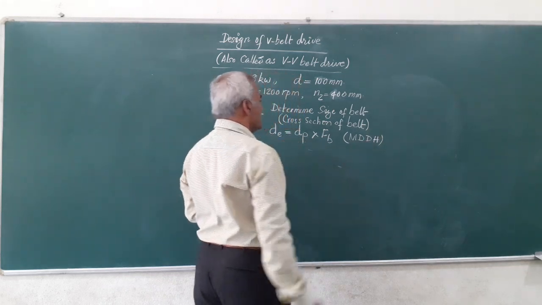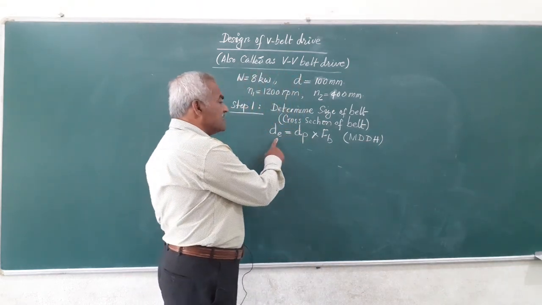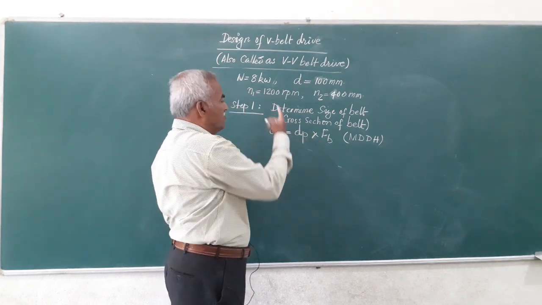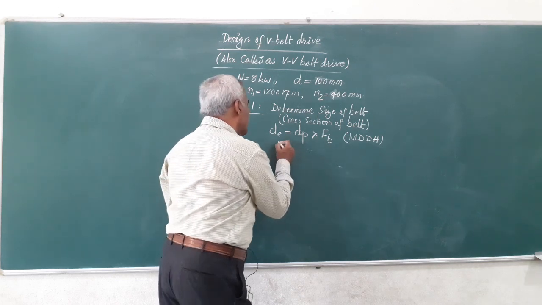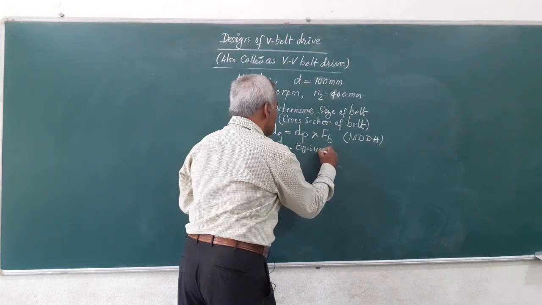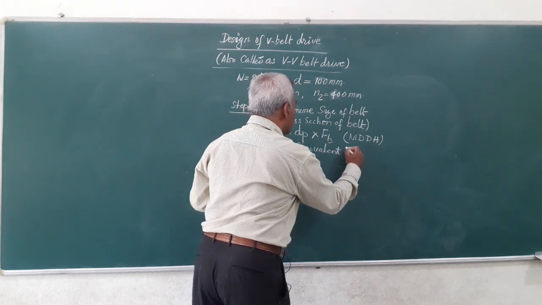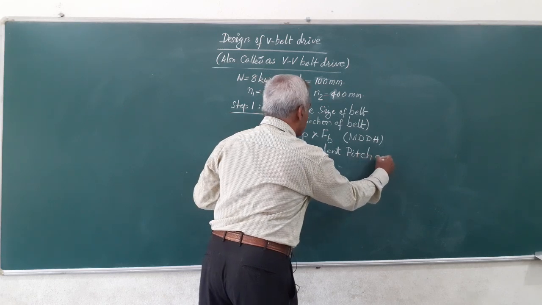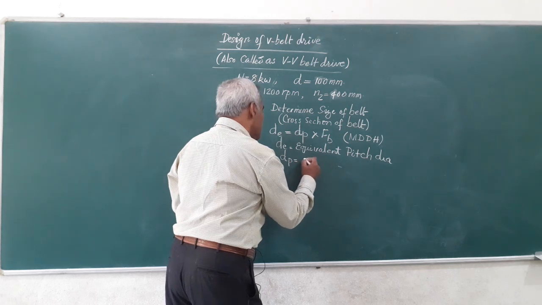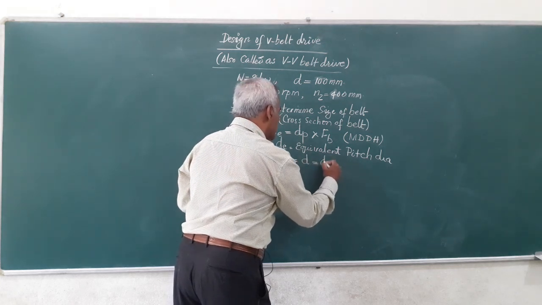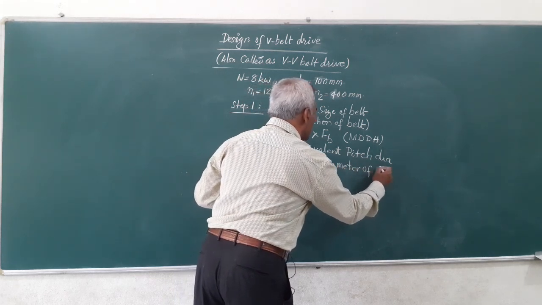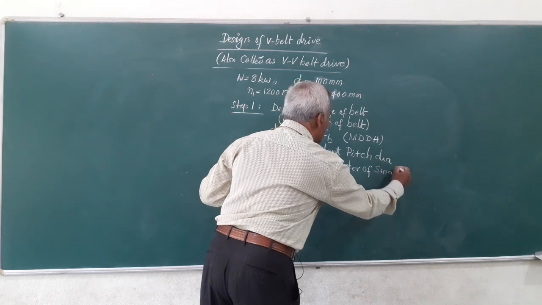So DE is the equivalent pitch diameter, DP is the diameter of the smaller pulley or the smaller sheave, where DP is D1 or D, that is the diameter of the small pulley or small sheave.